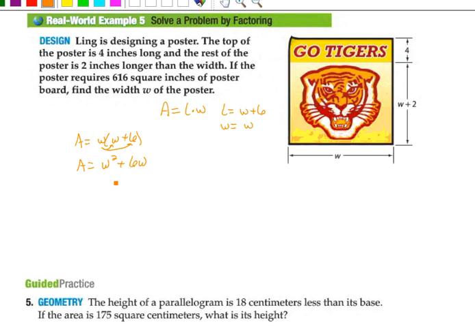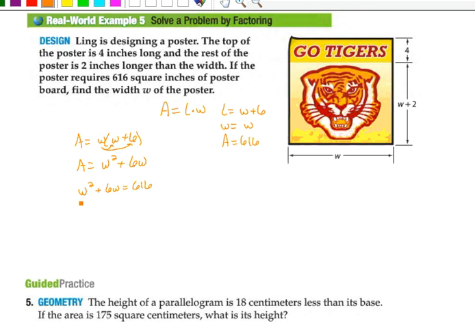But now they give me something else. They say that if the poster requires 616 square inches of poster board. So I actually know that my area is 616. So I'm going to rewrite this as W squared plus 6W equals 616.